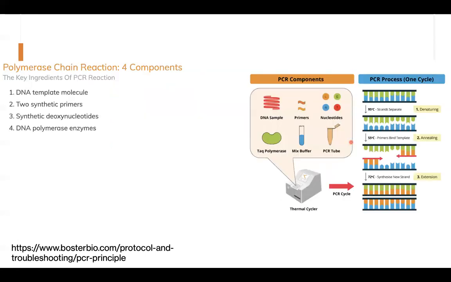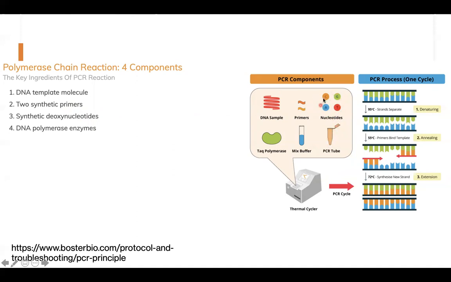So, what else? So, yung PCR or polymerase chain reaction, there are 4 important components. Of course, you have the DNA template molecule. So important yun sa reaction. And then we need to make two synthetic primers, yung forward and reverse primer. And we need, of course, synthetic deoxynucleotides dun sa ating PCR tube.